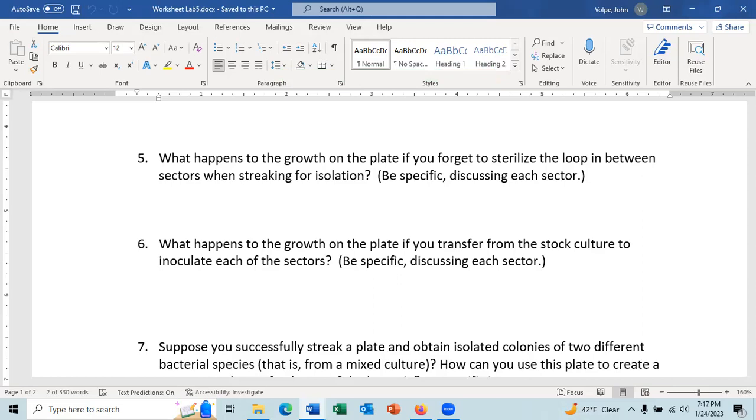You then sterilize the loop because it tells you you're not doing that. And you go to the stock culture, and then you streak those cells on sector 2. And then you sterilize the loop, and you go to the stock culture, pick up more cells, and you streak those on sector 3. So that's how that one's going. Okay, thank you.